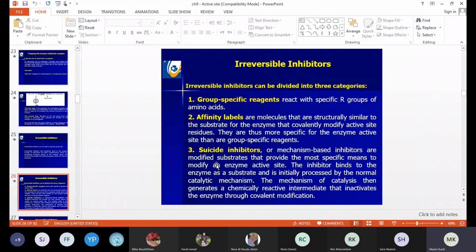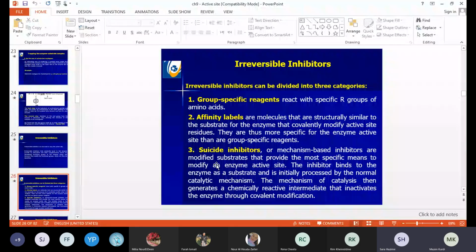We have the second category, affinity labels. These are molecules that are similar in structure to the substrate of the enzyme, but they covalently modify the active site residues.